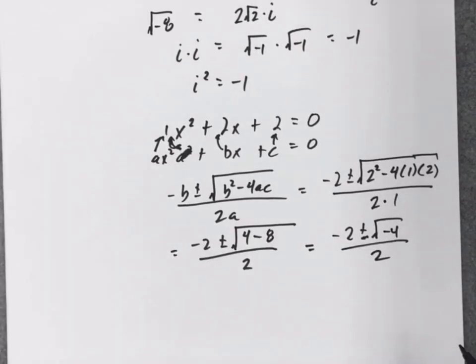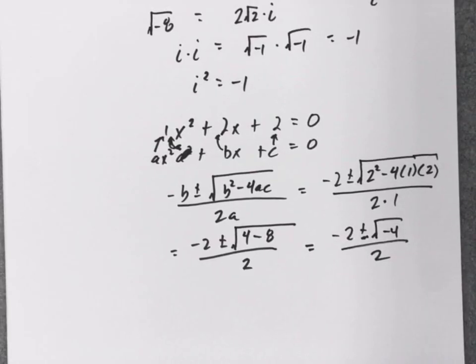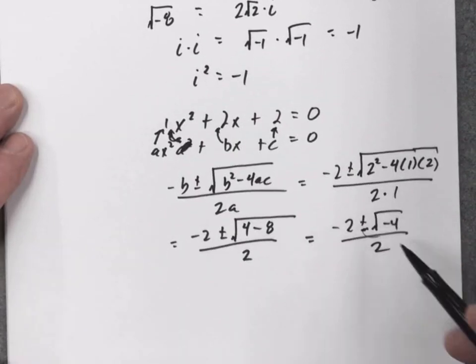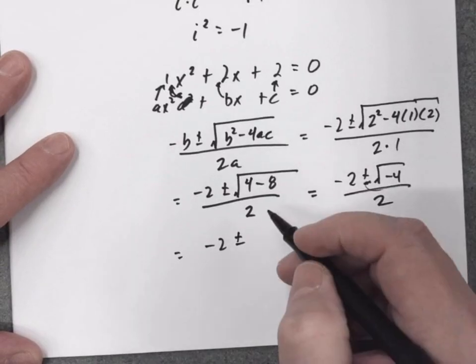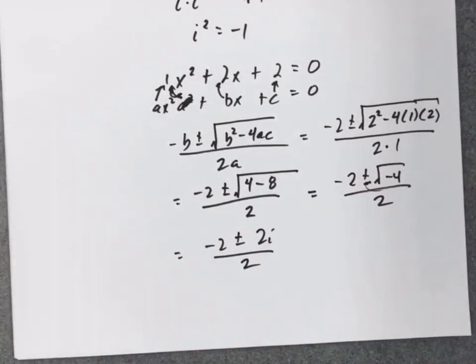Now before we started using complex numbers, you'd probably stop and say there's no solution. Or nowadays we could say there's no real solution. But with complex numbers, we can now express this as -2 plus or minus 2i over 2.